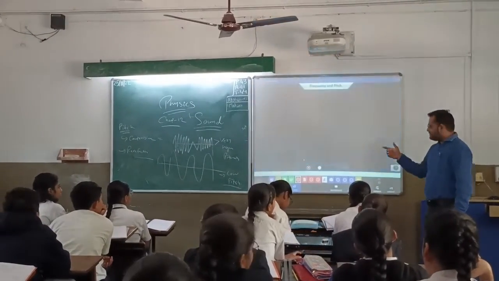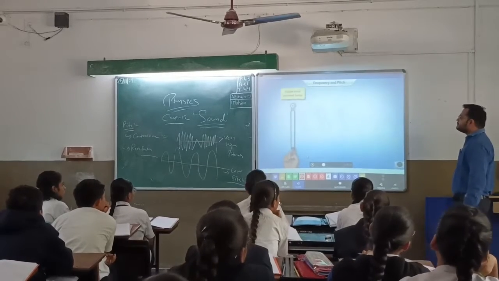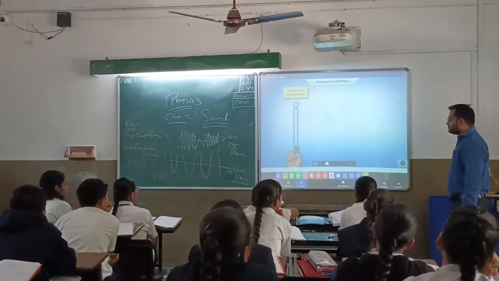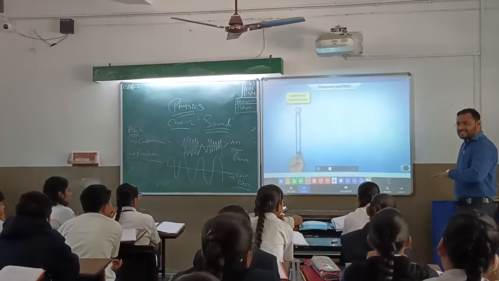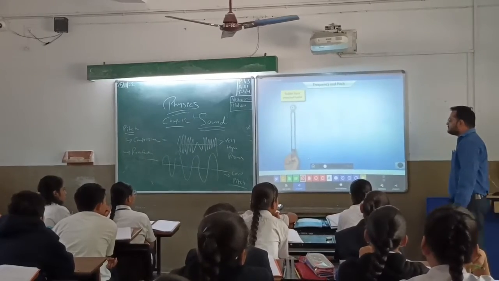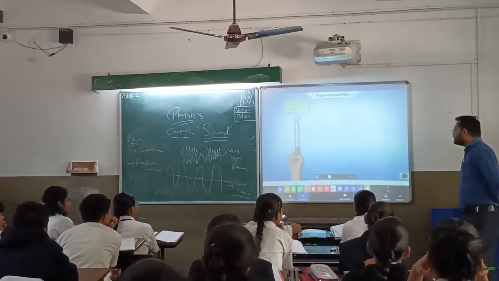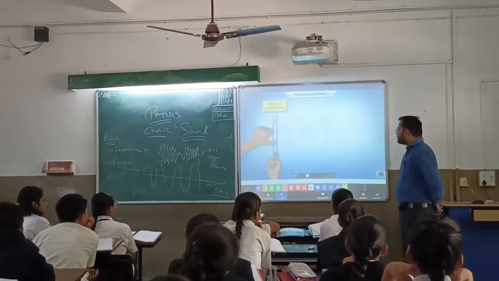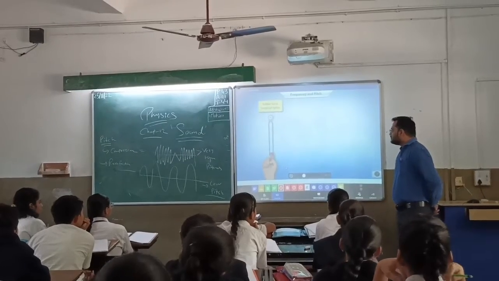Vibrations are there. Next, stretch it further and pluck it again. Pitch has changed. Doesn't it sound different this time? When the rubber band is stretched lightly and plucked, it shows a smaller number of vibrations per unit time.